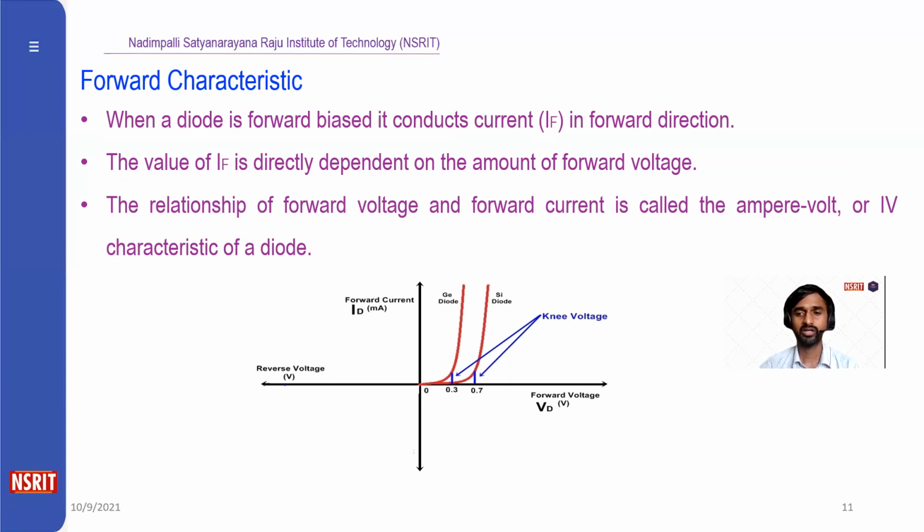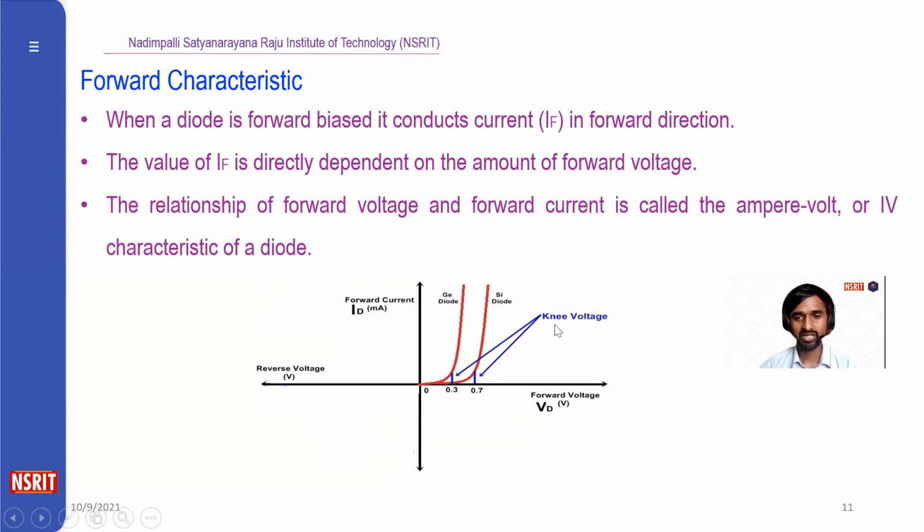Now, if you consider a silicon diode, initially when the applied forward bias voltage is 0, there will be no current or a negligible amount of current. When the voltage is increased to 0.7 volts, there is a drastic increase in current. The voltage value at which we get a drastic increase in current is called the knee voltage.